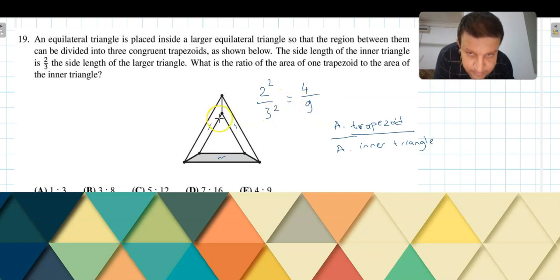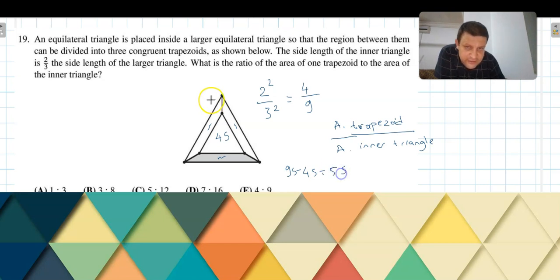If you write it, the inner triangle is 4s and the whole triangle is 9s. Let's find the difference: 9s minus 4s equals 5s. This means the remaining 3 trapezoids are going to cover 5s.